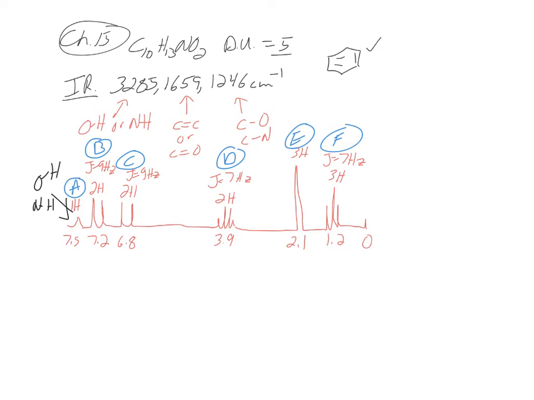For B and C, let's go to the next de-shielded thing. How many hydrogens do B and C represent? 2 each, right? In what region on your table are these 2 hydrogens? Benzene ring. And there's 4 of them, right?